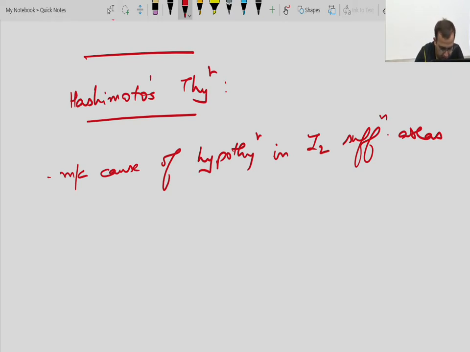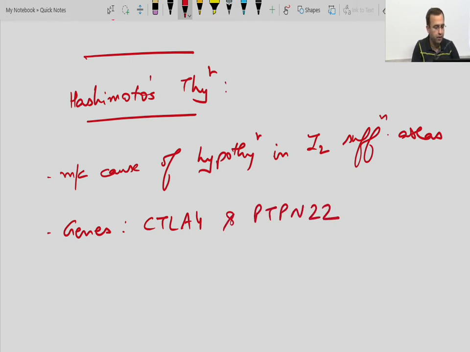Next point, the genes involved in Hashimoto's are CTLA4 and PTPN22.